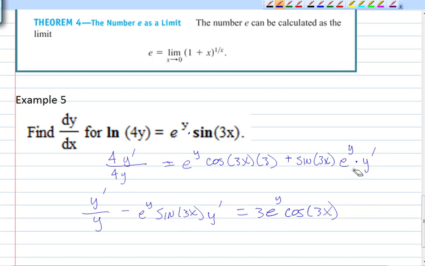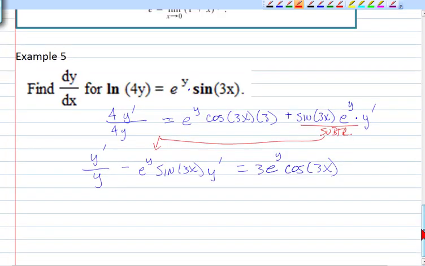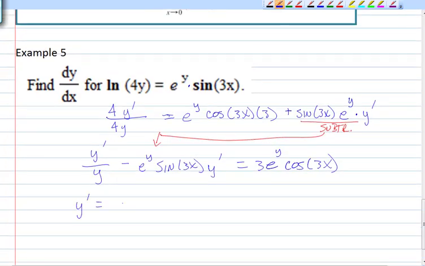What I did was I subtracted this term from both sides of the equation. Subtract this term to move it over here on the left. That way I can factor out my derivative, y prime. So this is 1 over y minus e to the y sine 3x equals 3e to the y cosine 3x.